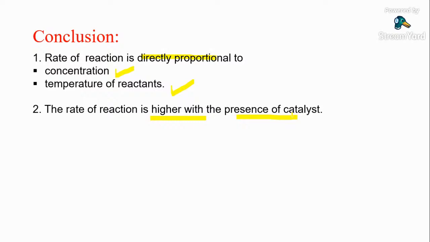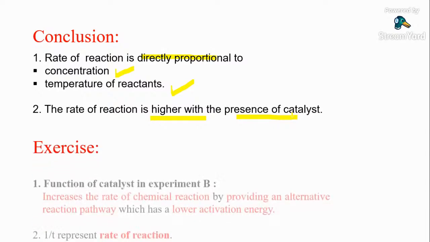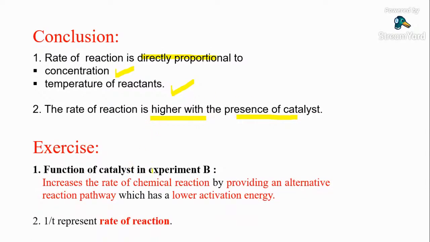Don't forget, there are two exercises in your lab manual, so you have to answer the questions as well. What is the function of catalyst in this experiment? Increase the rate of chemical reaction. But every time you answer this question, saying to increase the rate of chemical reaction is not enough. You must answer how the catalyst increases the rate of reaction: by providing an alternative reaction pathway.